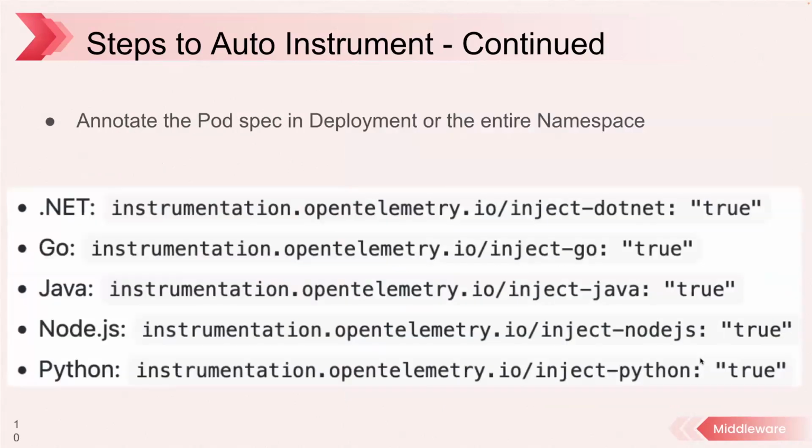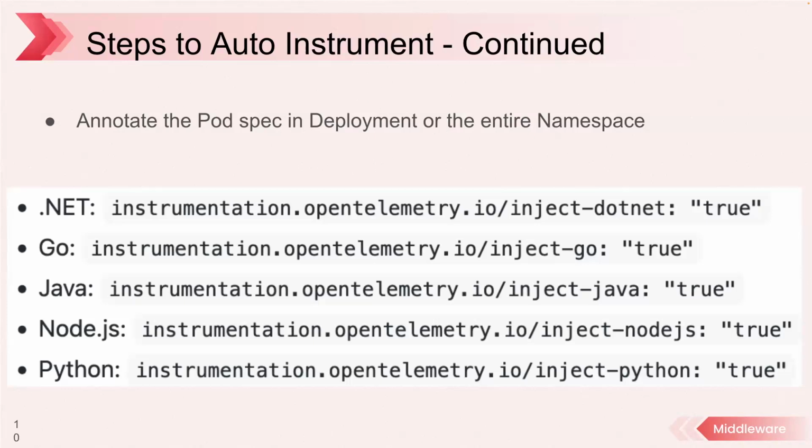The fourth and final step is the fun part. You go through your Kubernetes deployments and figure out all the services that you want to instrument.